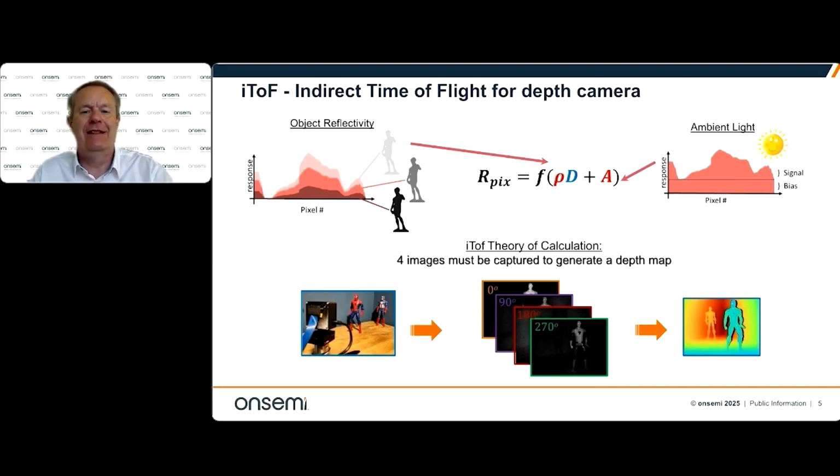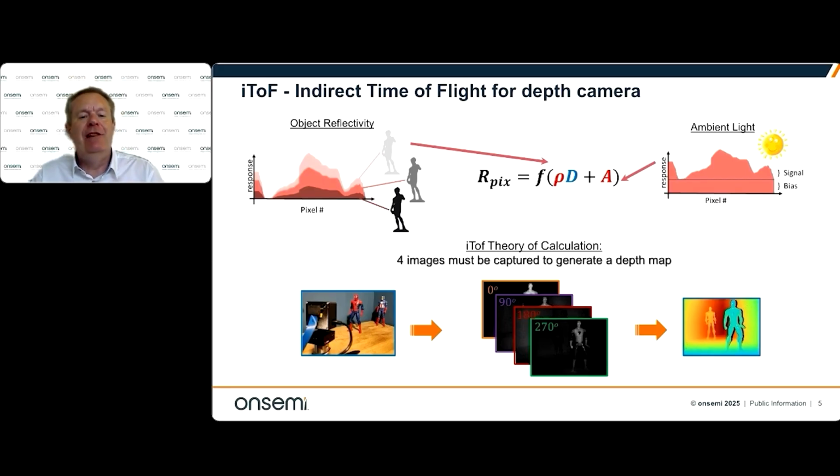Because it can saturate or it can alleviate some of the signal that's coming off the return of the subject. So if you look on the right-hand side here, this is the total pixel response. You need to deduct that ambient light. So you need to reduce that ambient light as much as possible in order to get the real response from that subject. I'll explain in a moment why that's important.